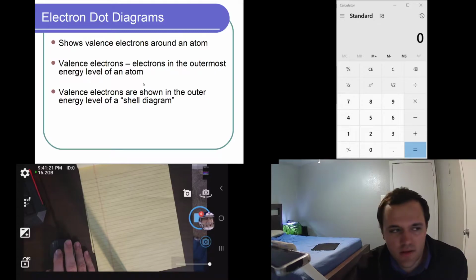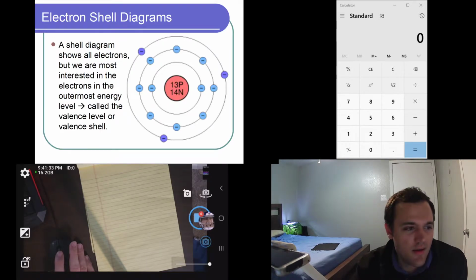So just a quick reminder, valence electrons are the electrons in the outermost ring of an atom, so the ones furthest out in the farthest out shell from the nucleus. This is just an example of a Bohr model. You can see they've got the rings here. The first ring only holds 2, the second ring holds up to 8, and then the third ring holds up to 8 as well.